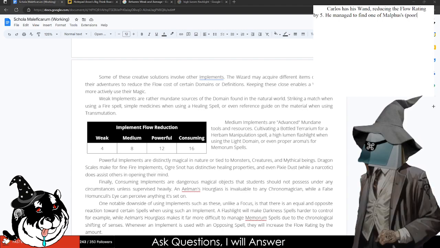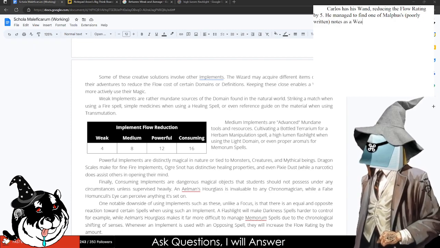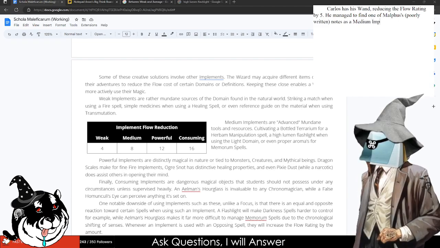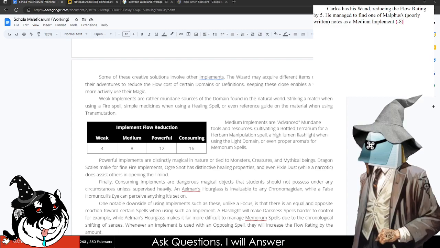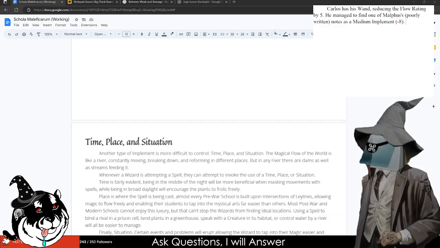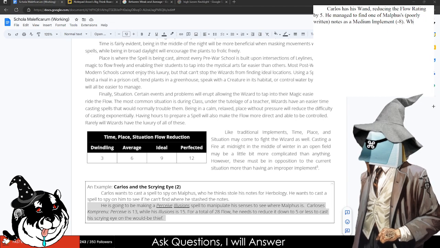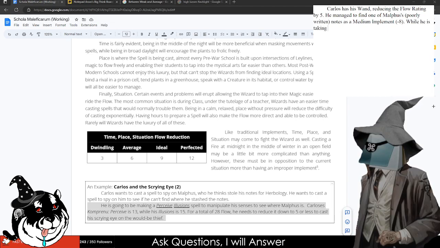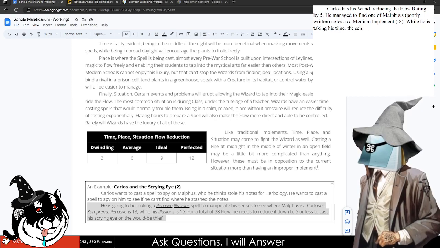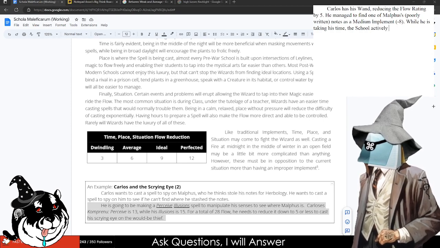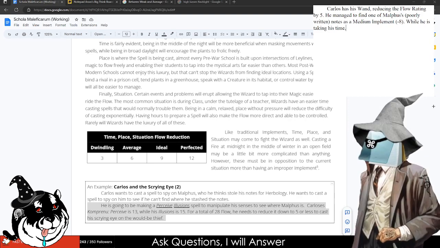Actually, poorly written notes as a medium implement, -8. While he is taking his time, the school actively wards against it.